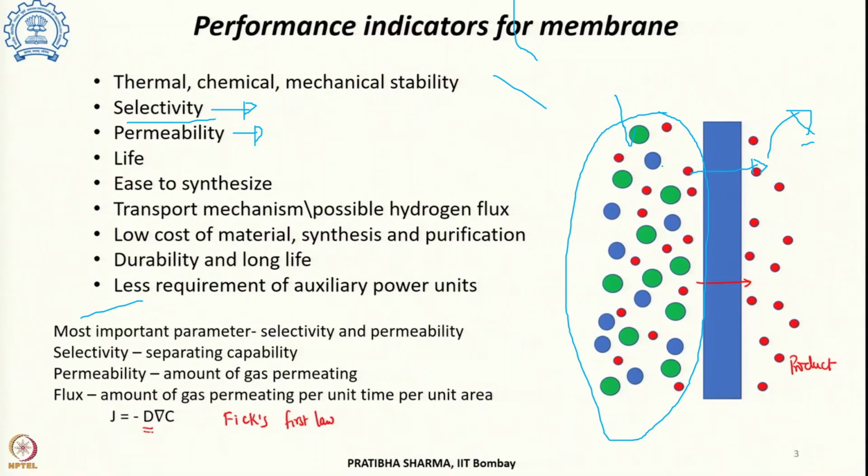Sometimes along with the hydrogen, other gases like carbon monoxide, nitrogen and methane will also pass through the membrane. That means this is not a highly selective membrane. Okay, is it clear? If along with hydrogen other gases also pass through the membrane, that means this membrane is not highly selective.